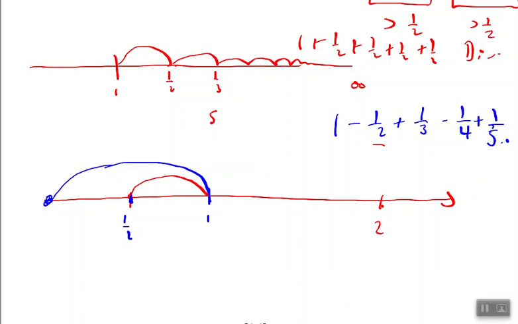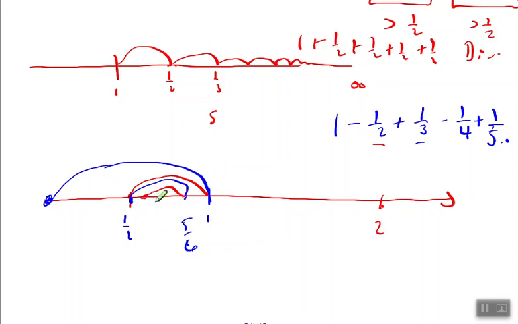I actually will get out to 5/6. So let's just call this number 5/6. Boom. We'll call that 5/6. And then, so here's 5/6 after adding the first 3 terms. Now if I subtract 1/4, I don't make it back to 1/2.